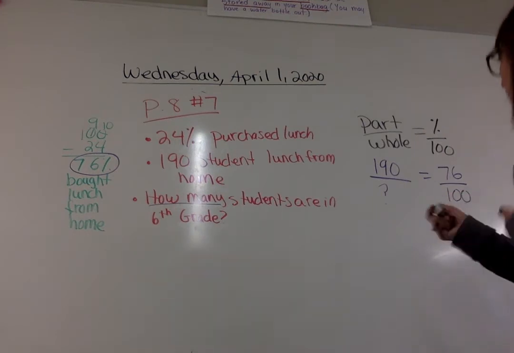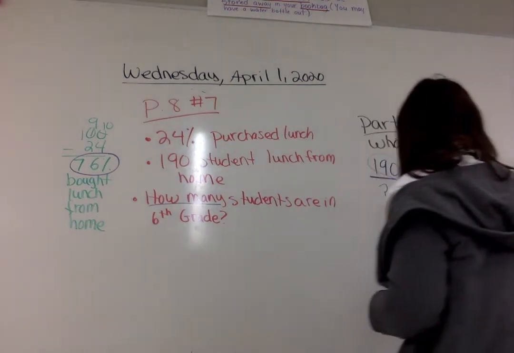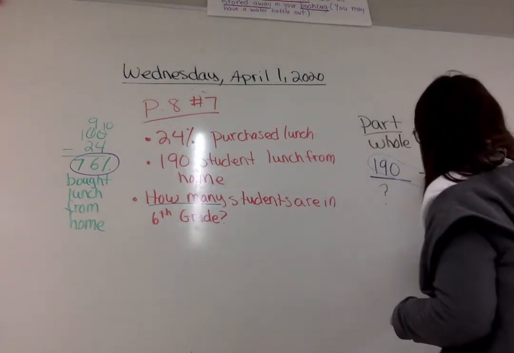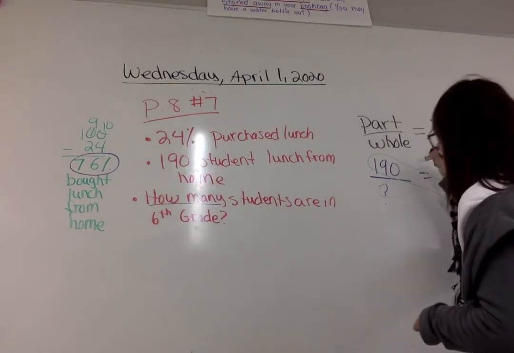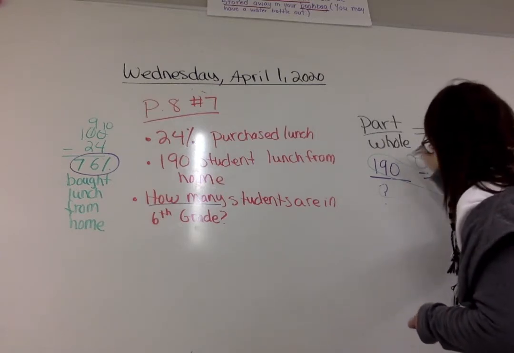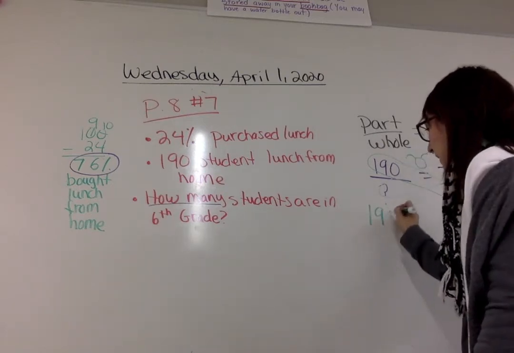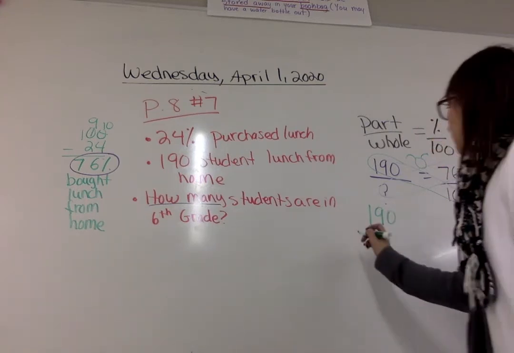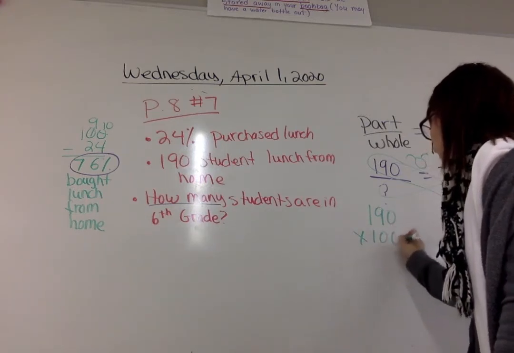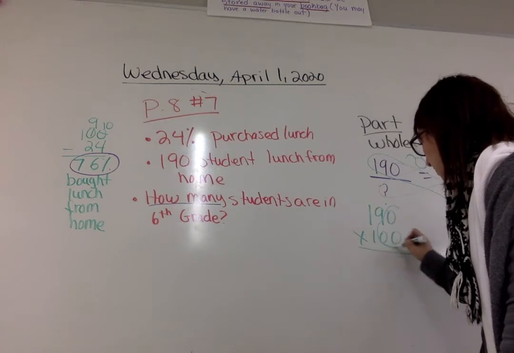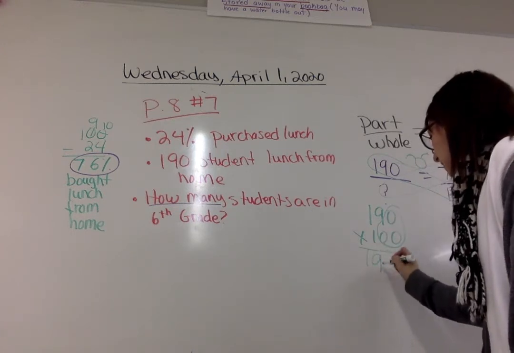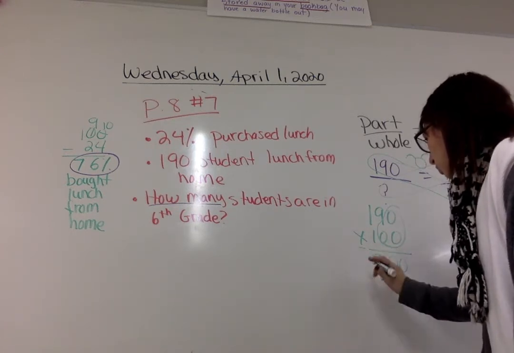So now I'm going to cross multiply to figure it out using the butterfly method. So here we go. 190 times 100. Circle my 3 zeros. This becomes 19,000.